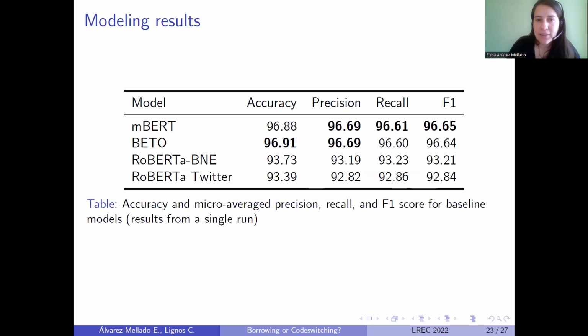We suspect that this may have to do with the fact that Beto has been exposed to a more diverse variety of Spanish texts in terms of dialects and geographical distribution. And probably dialects that are more prone to code switching were included in Beto's training data, rather than the type of text, which is very Spain-centric, seen by Roberta BNE. The one that performed worst was Roberta Twitter, which is a monolingual English model.